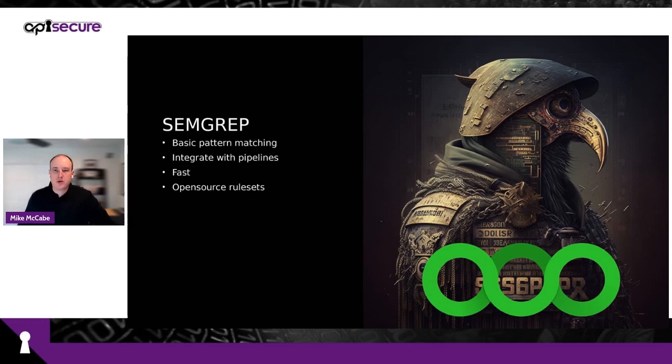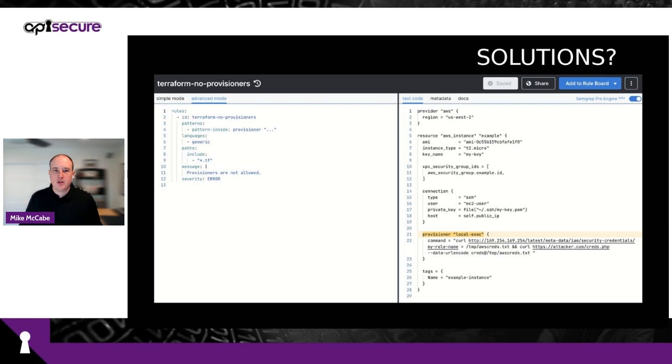And there are quite a few open source rule sets you can use out of the gate, so you don't have to build them all yourself. So it's a great tool to do not just infrastructure as code security, but also application security, static analysis in your pipeline. It's just a great tool to introduce in a few different areas.